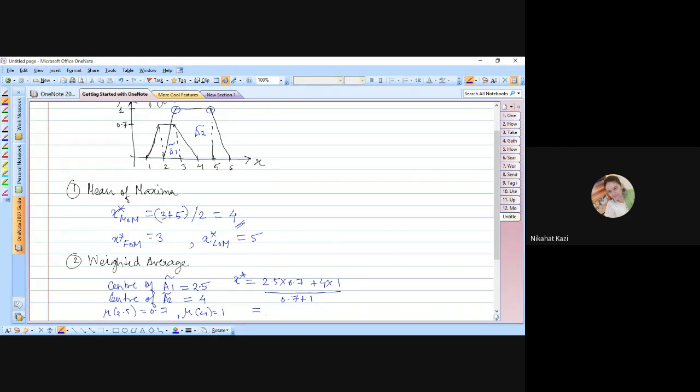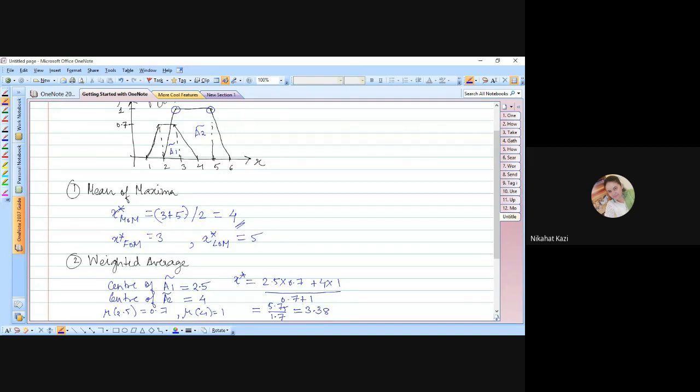What is the numerator? Four plus 1.75. Okay, so what is the answer? 5.75 divided by 1.7. What is the answer? 3.38. So the defuzzified value using weighted average is 3.38.